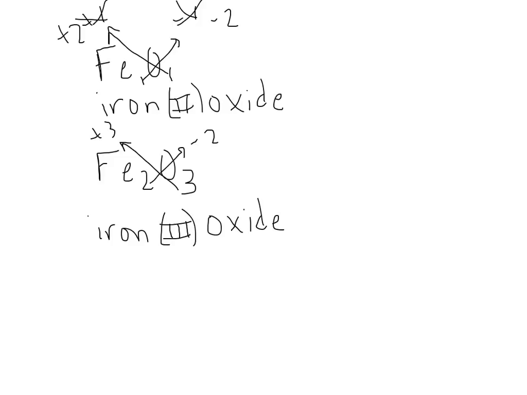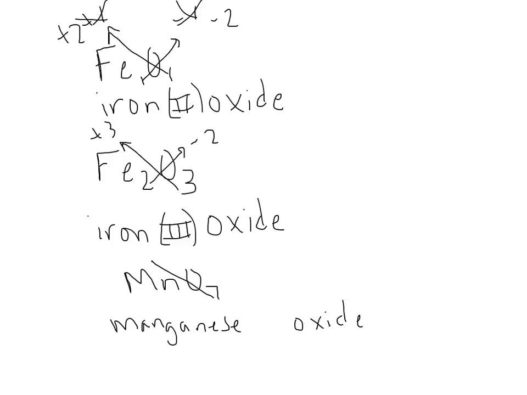What about MnO7? We have Mn, which is manganese. We're going to leave a little space and put oxide. Now, we're going to do the switching. The 7 becomes the charge of Mn, and the 1 becomes the charge of oxygen.